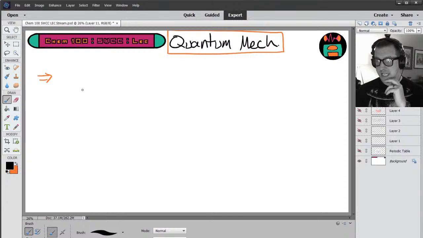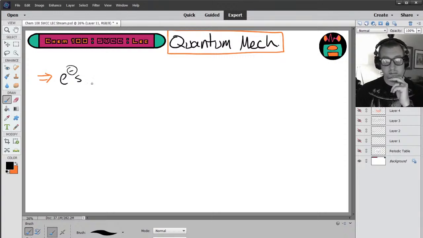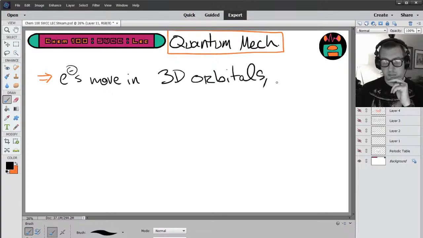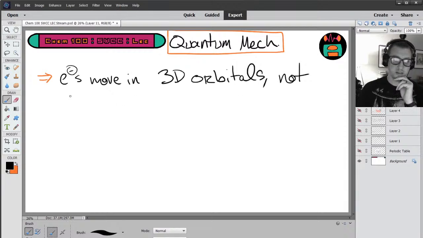First is that in the quantum mechanical model, electrons move in three-dimensional orbitals, not in two-dimensional orbits.